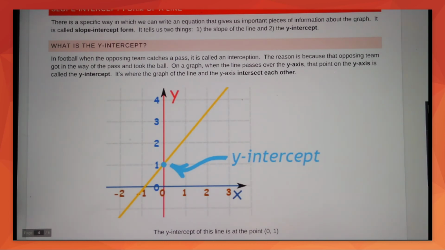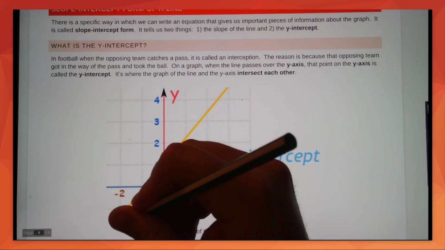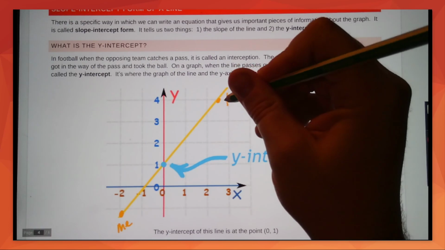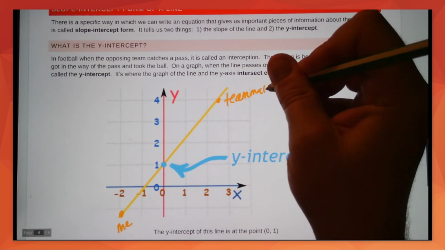and the y-intercept. Think of it like a football term. An interception is when I pass the ball to someone on my team, I throw the ball to them, and then someone from the opposing team jumps in the way and intercepts that pass. So let's say I'm standing right here, this is me, and this is my teammate, right?